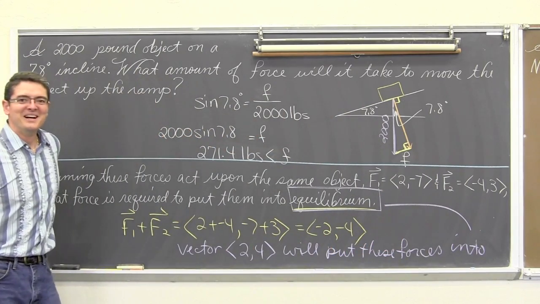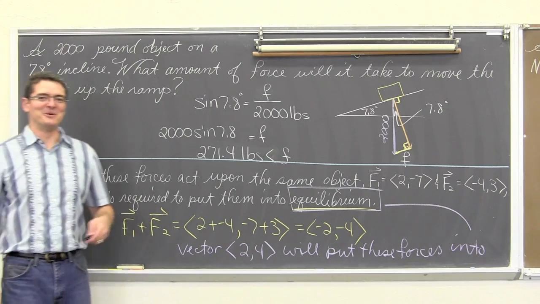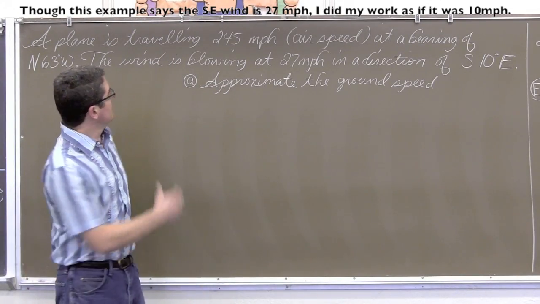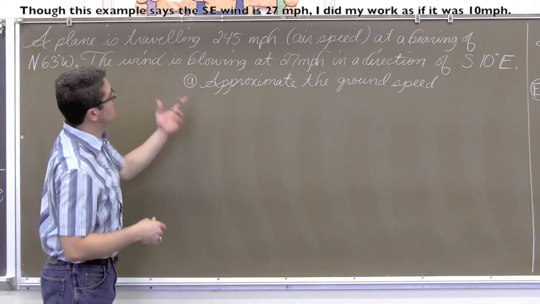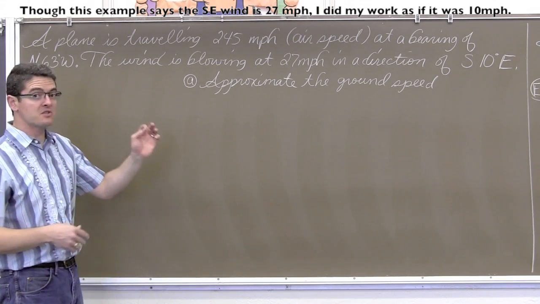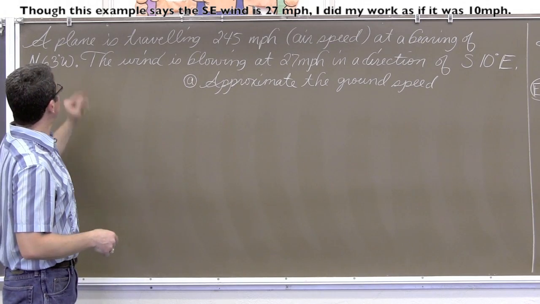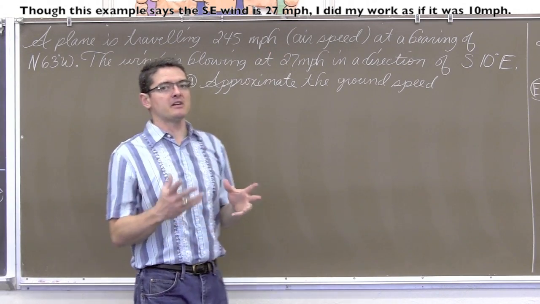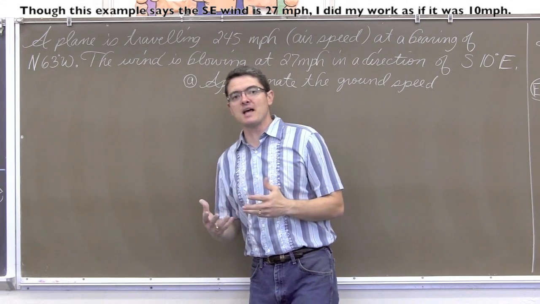All right, Mr. True, got one more example. Now for this last example, a plane is traveling 245 miles an hour, that's airspeed, at a bearing of north 63 degrees west. Now the reason why I say this is airspeed, because we're going to have a second force happening, which is wind.